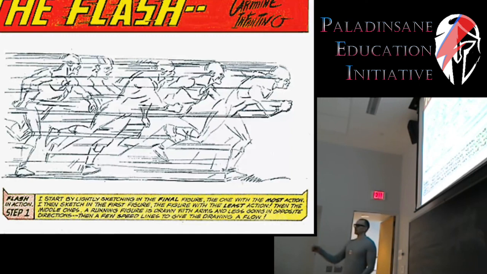But importantly, this is a very important distinction, when he drew the Flash leaning forward, he made the picture of the Flash running better. When he then took the arms and legs of the Flash and moved them into the correct orientation, he made the picture better.